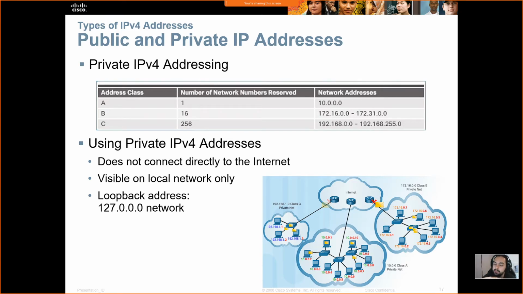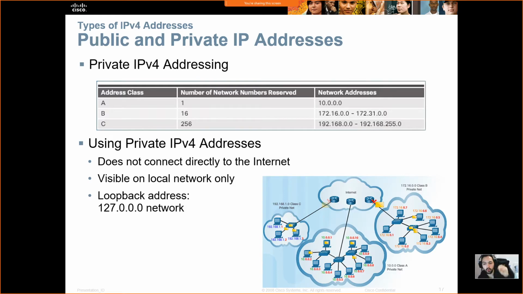So basically, before you go to the internet, your router or your multi-purpose device you have at home will translate this address to a public address. A public address is an address that is reachable on the internet. So the public address is the address used to reach the internet.